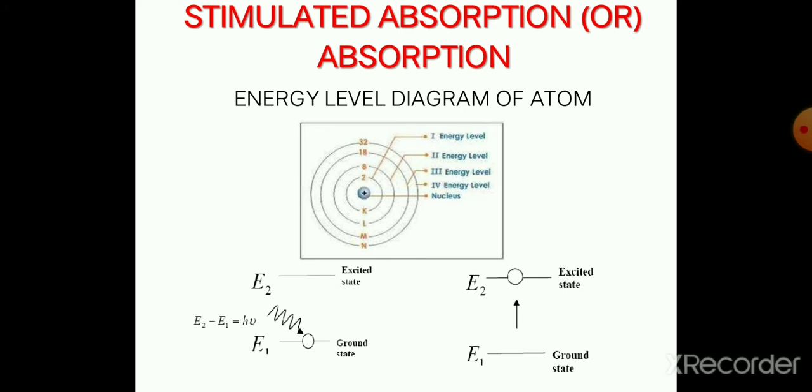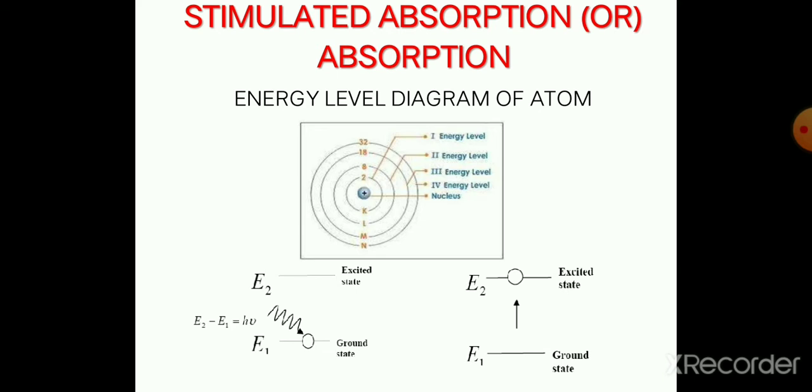Suppose a photon of energy E2 minus E1 equal to h nu interacts with an atom present in the ground state. The atom gets excited from the ground state E1 to the excited state E2. This process is called stimulated absorption.